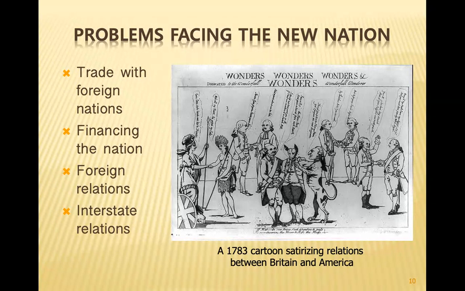The new nation first had to establish trade relations with foreign nations under its own flag rather than that of the powerful British Empire. In addition, Britain would no longer treat the United States as its favorite child, and this demotion in status would make establishing trade relations with other countries even more difficult.